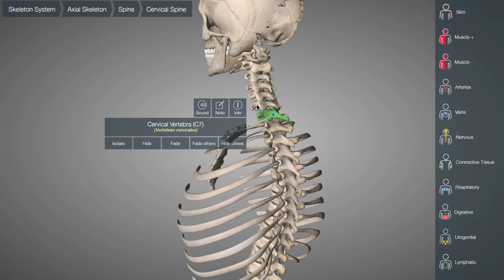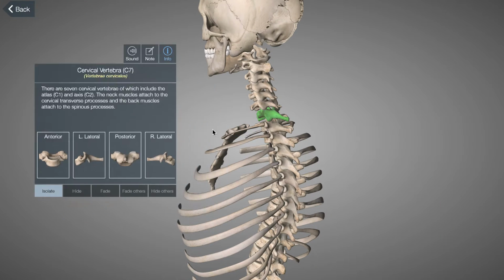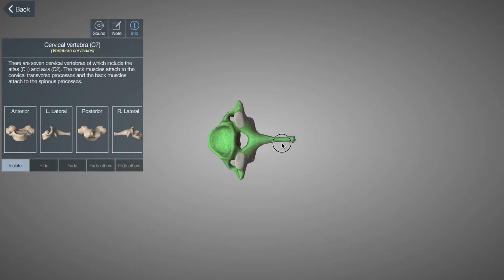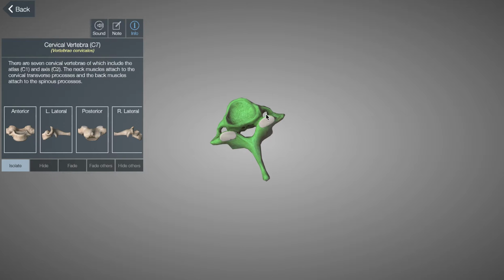So, distinct features about cervical vertebrae. Let me go ahead and isolate one right over here. You can see there is a pretty small body, and the unique thing about them is that they have these transverse foramen. You have thoracic vertebrae and lumbar vertebrae and cervical vertebrae, but again, the distinct feature is the transverse foramen. Foramen just means hole.